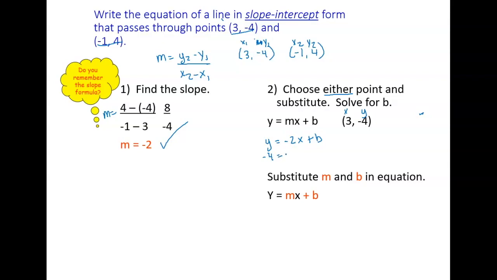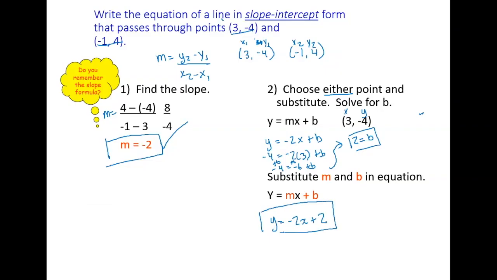So my y is negative 4, my x is 3. So I get negative 4 equals negative 6 plus b, add 6. So negative 4 plus 6 gives me 2 is equal to b. So now I have my b is 2 and my m is negative 2. So now I'm going to substitute it all back in, and that's my equation of a line. So negative 2x plus 2. That's my equation of a line.